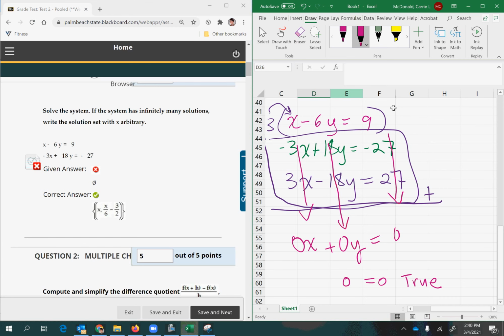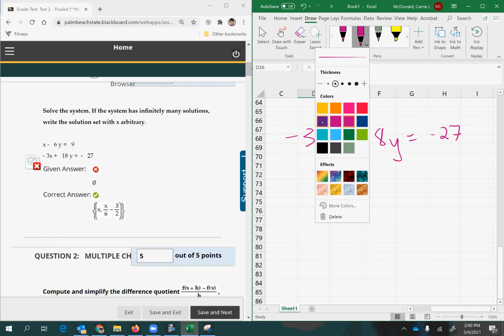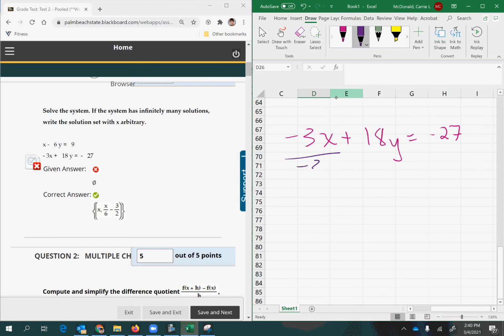In fact, another interesting thing is that if you took negative 3x plus 18y equals negative 27, and divided all the terms by negative 3, in other words, multiplying the entire equation by negative 1/3, then this cancels to 1.